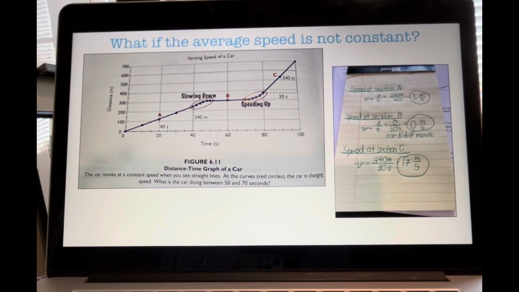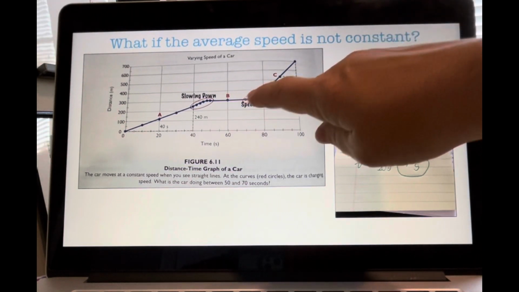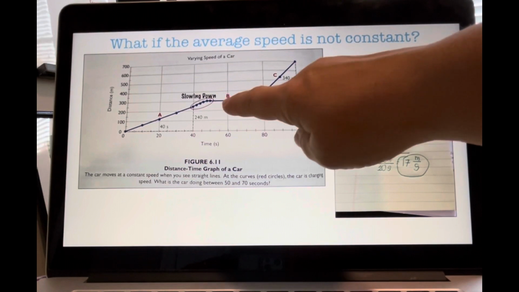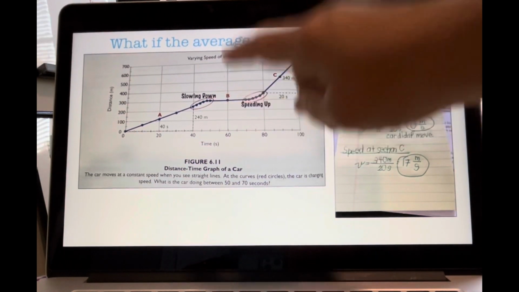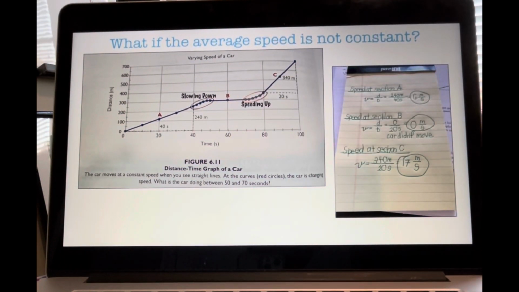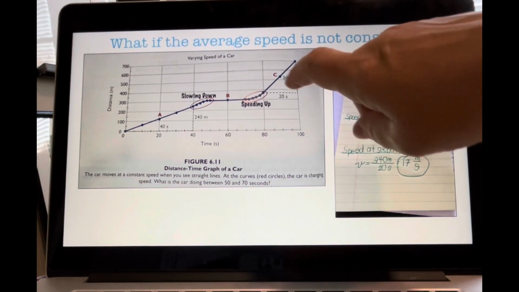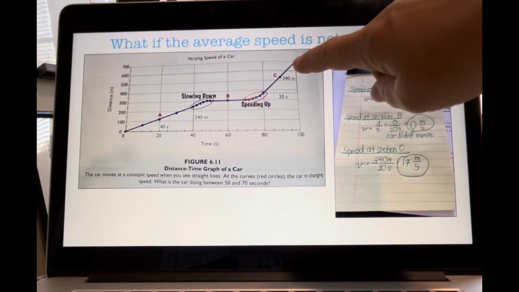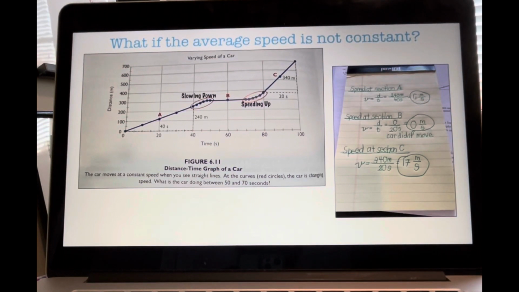A flat horizontal line on a distance time graph means the object is at rest with a constant speed of 0. So this line right here just tells us constant speed at rest of 0 meters per second. At 70 seconds, the car starts back up and moves again until we reach section C, 80 to 100 seconds.